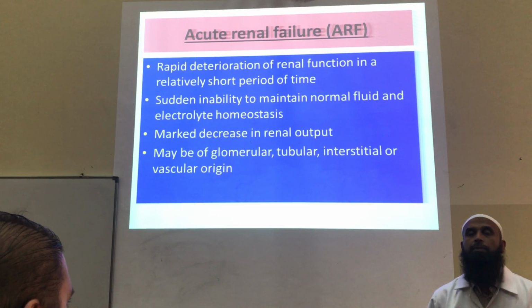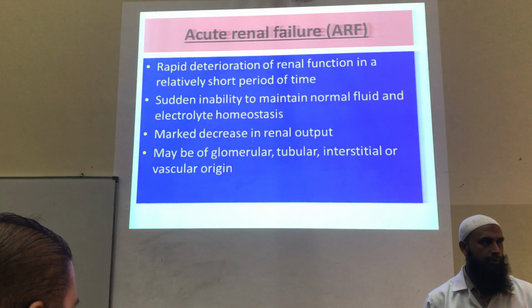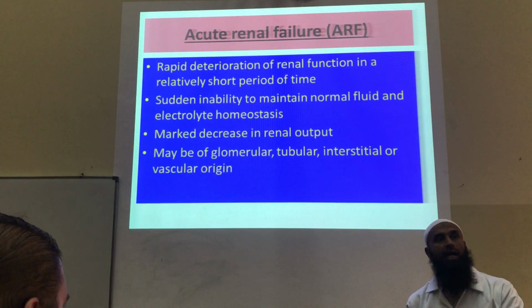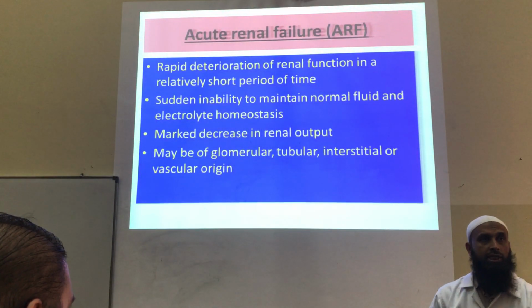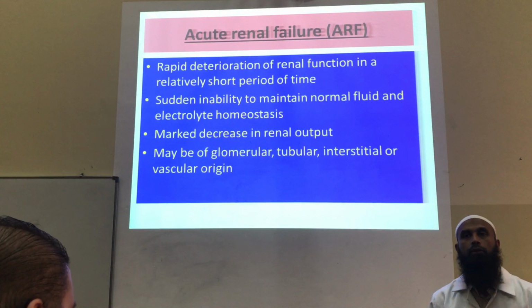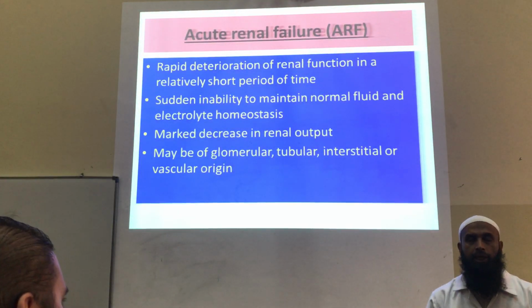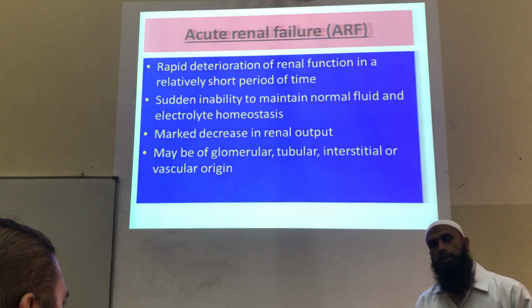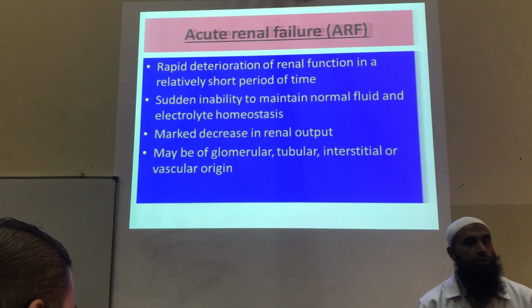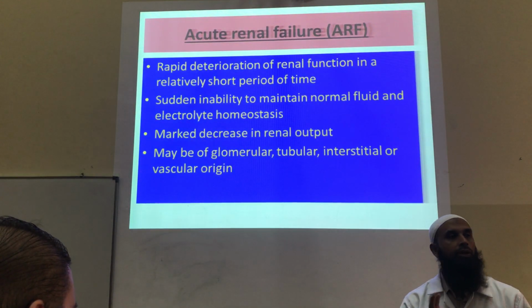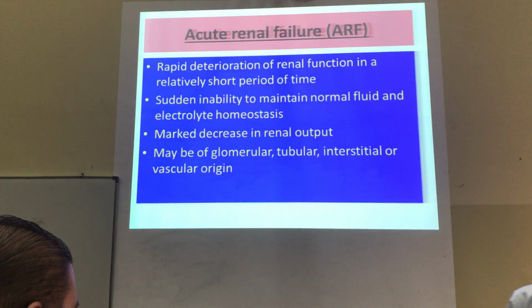Rather, it usually presents with oliguria, and ultimately it leads to anuria. Anybody whose urine output is decreasing with a normal amount of water intake, and still his urine is decreasing, has oliguria in spite of normal water intake. This is one of the very alarming signs that the person is going into renal failure.